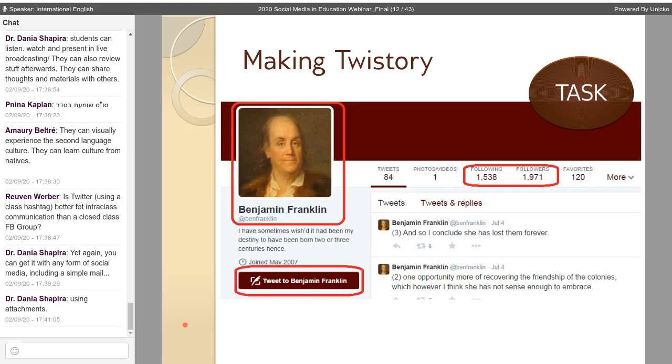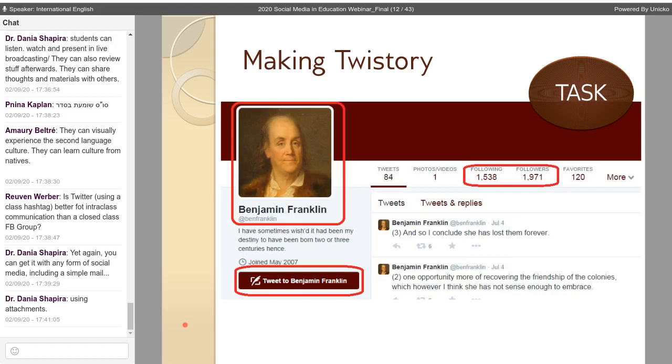If you're not a history teacher, please type your answer in the chat tool. How would you use the same activity to make it relevant to your students?